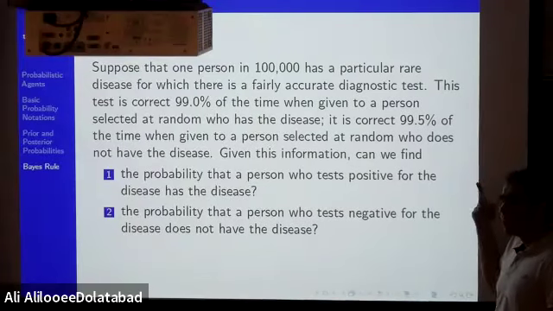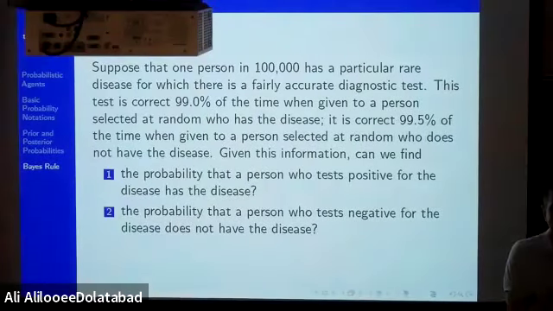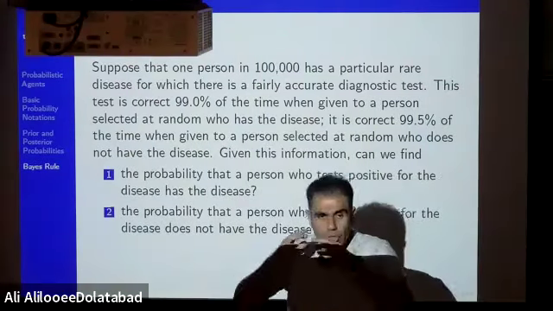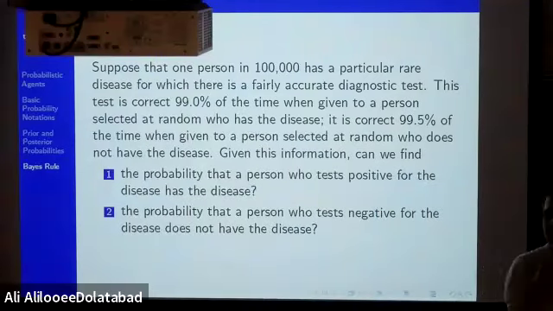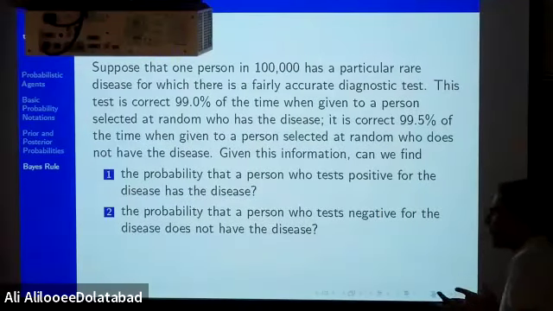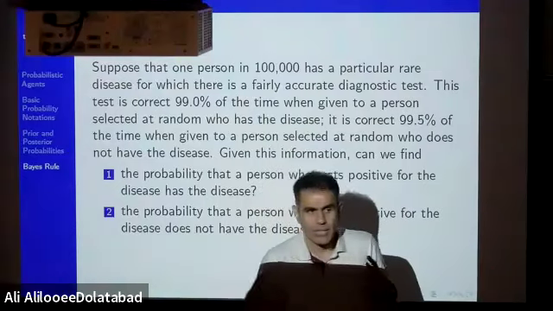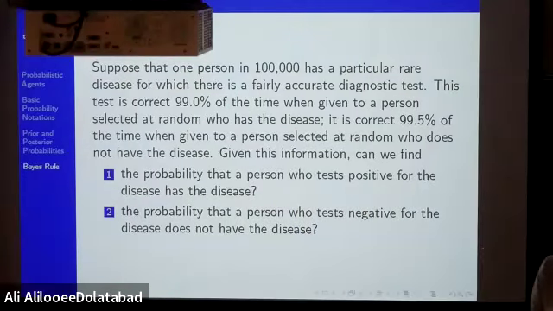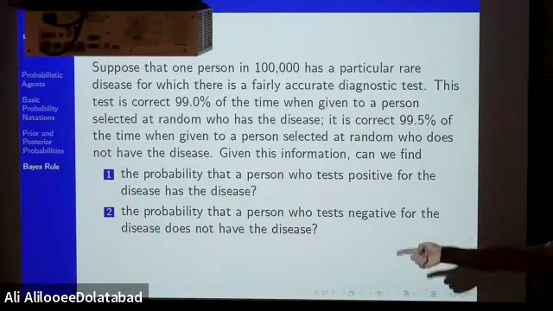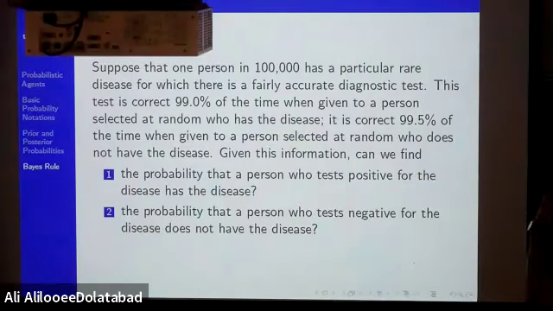This is a technique which is used a lot. Say you have a test for a disease and you want to check the sensitivity of this test. In what scenario will the sensitivity be evaluated? We want to see in how many cases the person who has the disease has a positive test, and in how many cases the person who doesn't have the disease has a negative test.